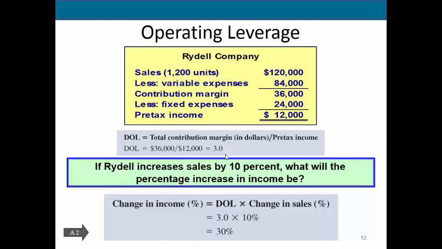If they see a 10% decline in sales, they're only going to see a 10% decline in their income, as opposed to the more highly leveraged company who saw a 30% decline. So it all depends on what you're looking at for an investment or what you want for your company. Are you willing to risk in hopes of a greater return, or do you want a company that's a little bit more stable, more slow growing, and more predictable?